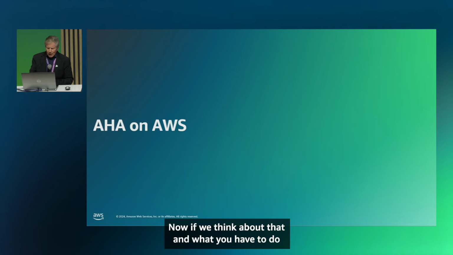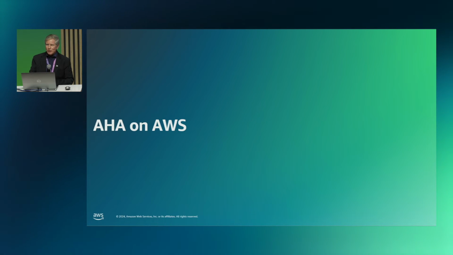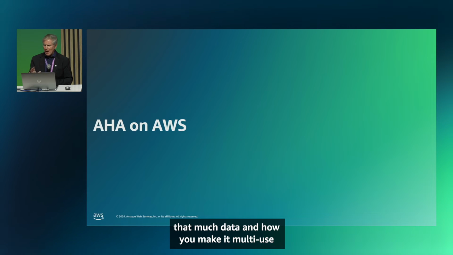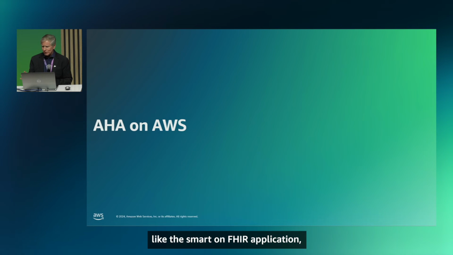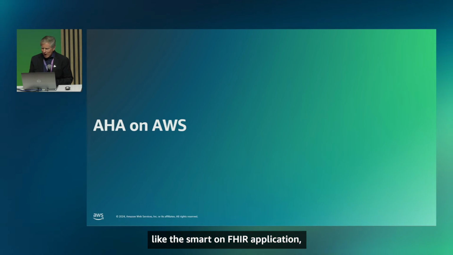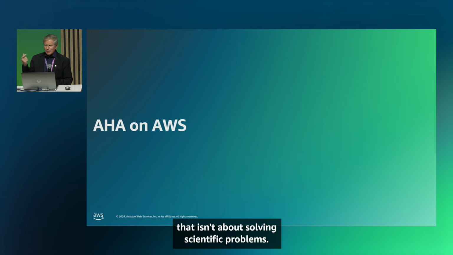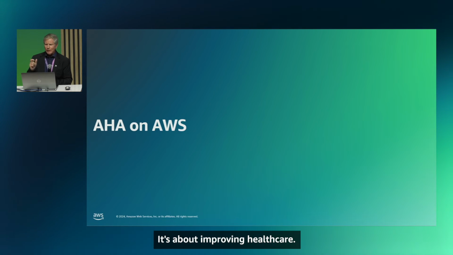Now, if we think about that and what you have to do to reach those kinds of analytics and how you manage that much data and how you make it multi-use, like the Smart on FHIR application we've just finished building in the healthcare system, that isn't about solving scientific problems, it's about improving healthcare.